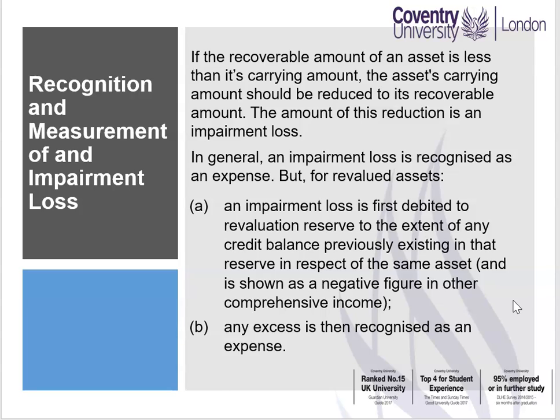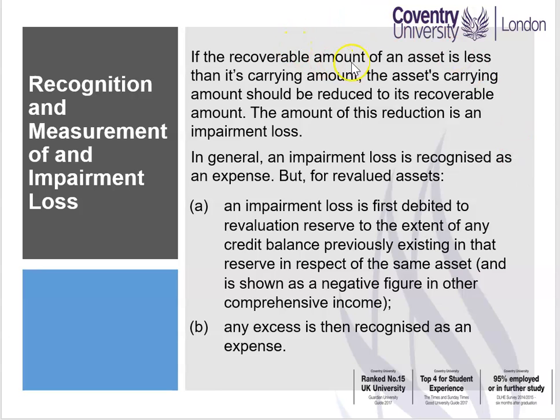Simply, how do we undertake the impairment review? Well, the exercise is to look at the carrying value of the asset and then compare it to the recoverable amount. So first thing is to calculate the recoverable amount. If you remember, the recoverable amount is the higher of fair value less cost to sell and the value in use. So you need to calculate that to make sure that the carrying value is not higher than the recoverable amount.